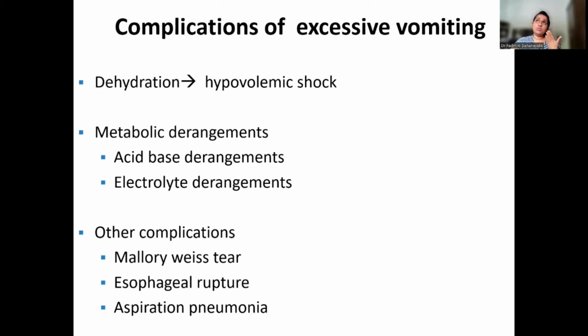We can have metabolic alkalosis, or else we can have metabolic acidosis. Then electrolyte derangements, right? It is because we are getting rid of a lot of ions within the gastric juice. So we will come across a lot of electrolyte abnormalities. And then other rare complications like biliary tear, esophageal rupture, and aspiration pneumonia. Okay.